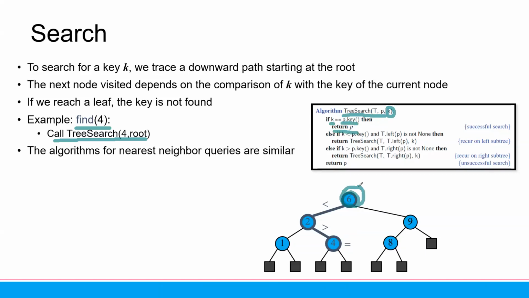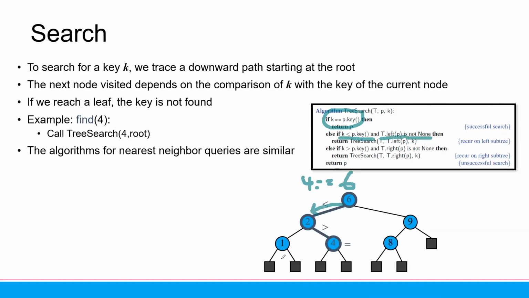But if it is not, then we will check if K is less than P key. So we have 4 equals 6, no, then we check this one. 4 is less than 6, and T left, the left side of this tree, is not null.